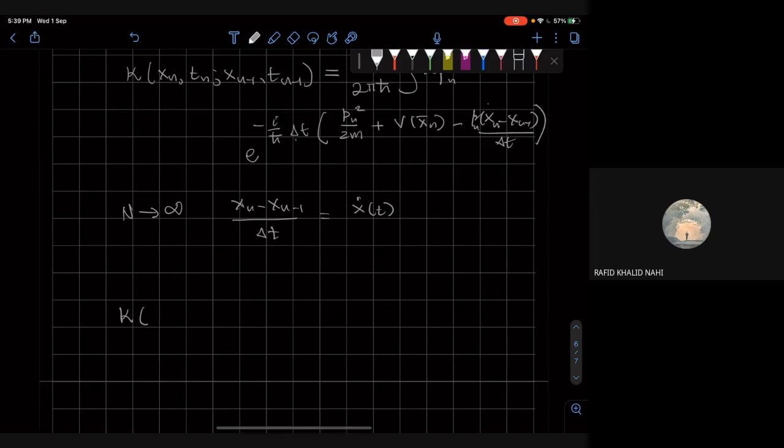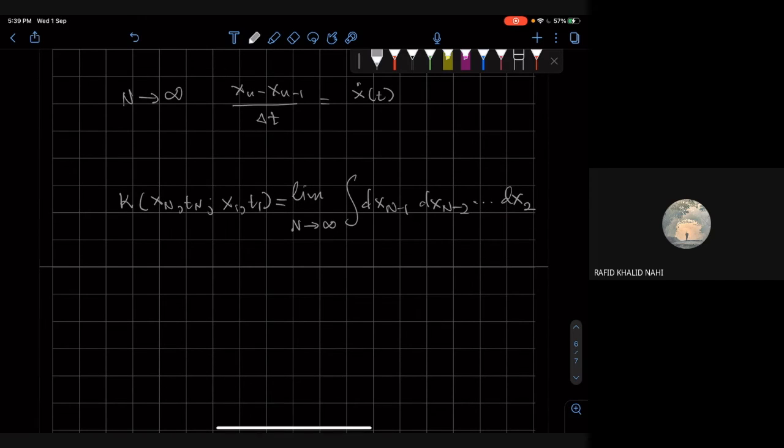And so if I do this, then what I get is k for the whole thing, xn tn, x1 t1. We're taking the limit n goes to infinity, and first we have all the position integrals. But then, how many integrals do we have for p?